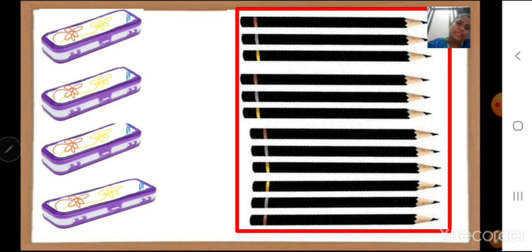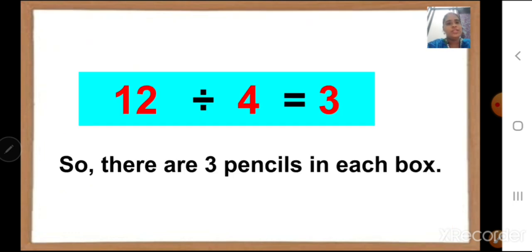Or we are going to divide, right? How will we divide? 12 divided by 4, because they have given that there are 4 boxes. If we divide 12 by 4, we will get the answer 3. So there are 3 pencils in each box.